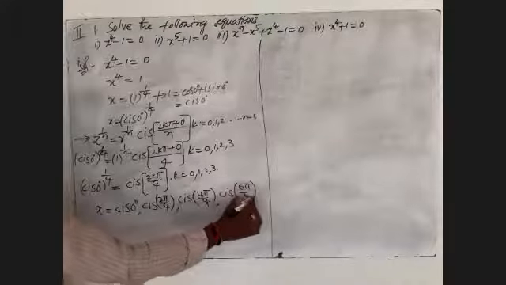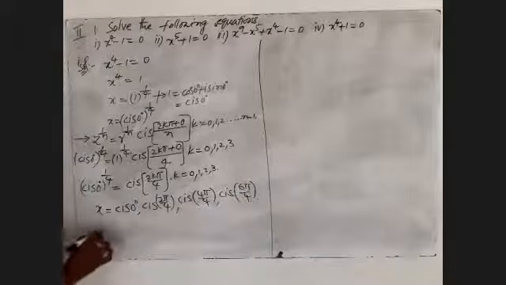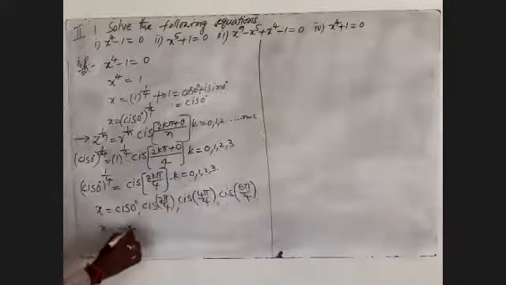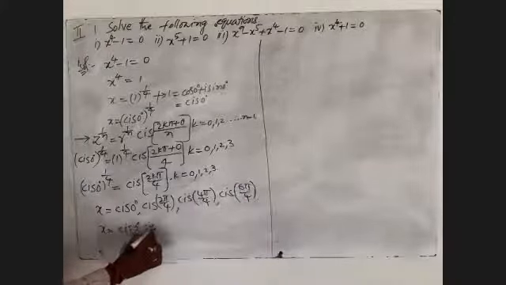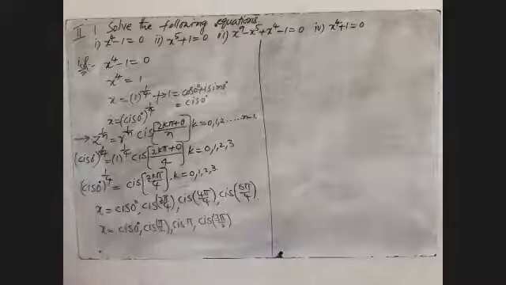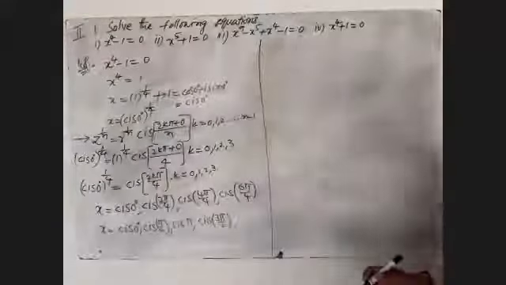Expanding, x is equal to cis of 0 degrees, cis of pi by 2, cis of pi, cis of 3 pi by 2. These are the given values. Now I am going to the next one.